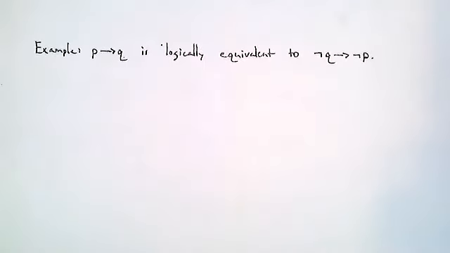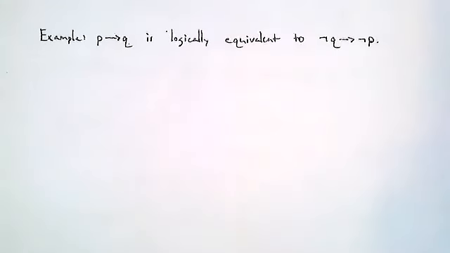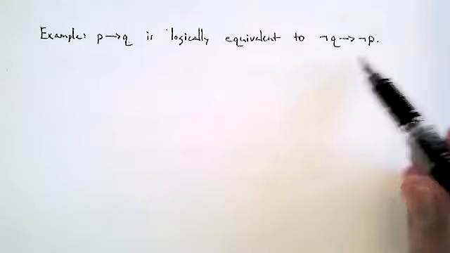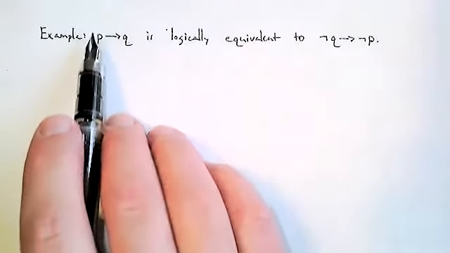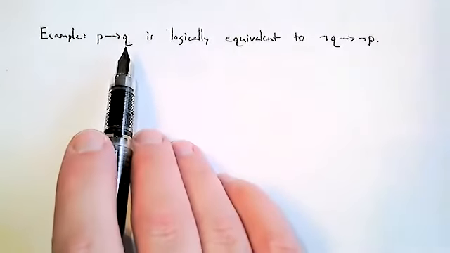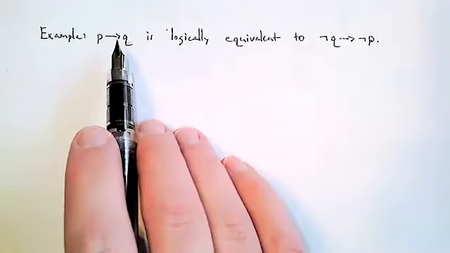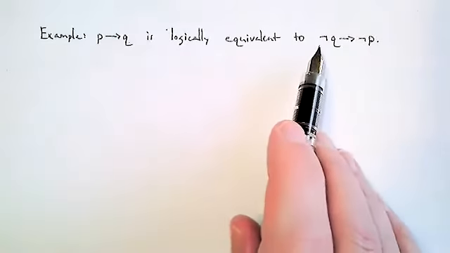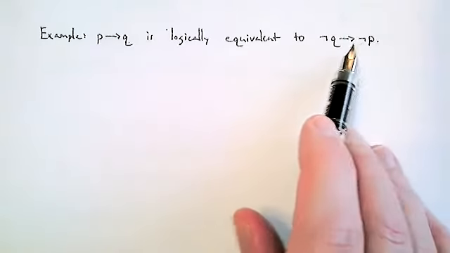And then in the last couple minutes, we'll do this example. And let me give this a name. So here, our initial conditional statement is if P, then Q. And this new one, I've reversed the order and I've put negation symbols on everything.